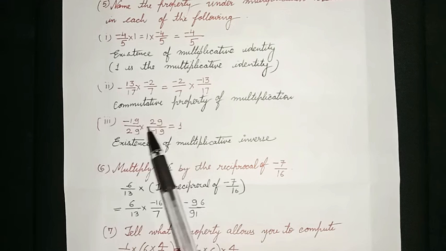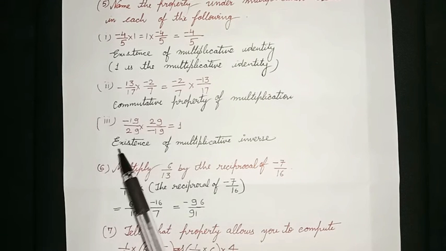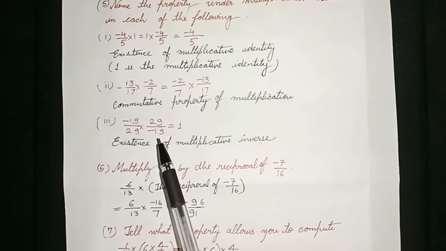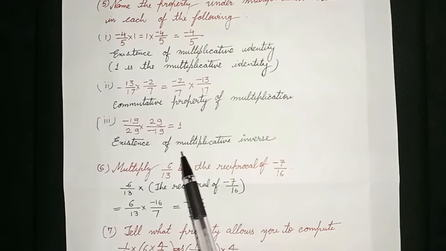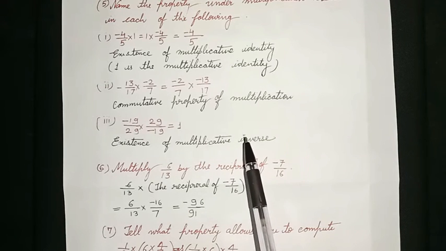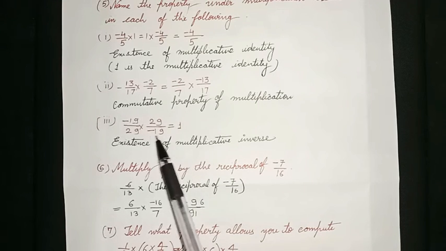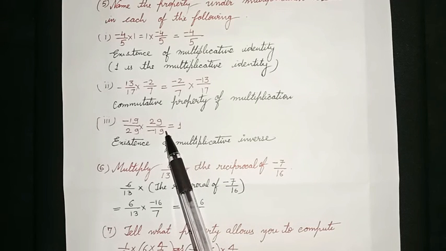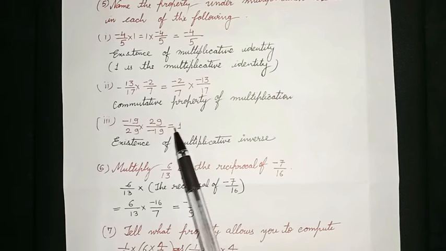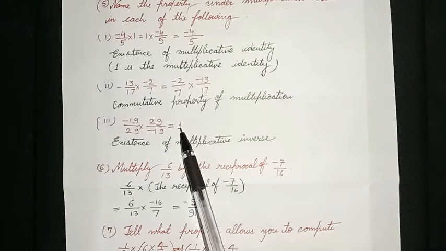I think this property is clear. The property is existence of multiplicative inverse. Property of multiplicative inverse. Because if you simplify minus 19 upon 29 into 29 upon minus 19, you get 1.